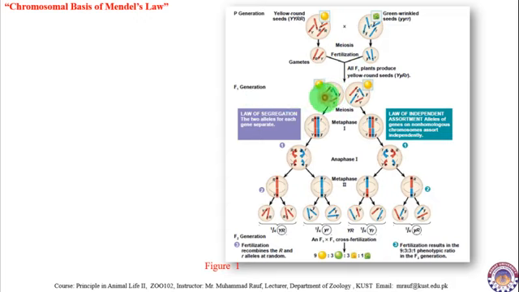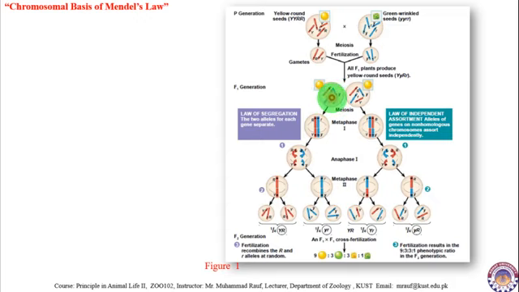You can see that in the F1 generation, there is a dominant allele for seed color, and there is also a recessive allele for seed color. And similarly, one allele is dominant for seed shape and the other is recessive for seed shape.